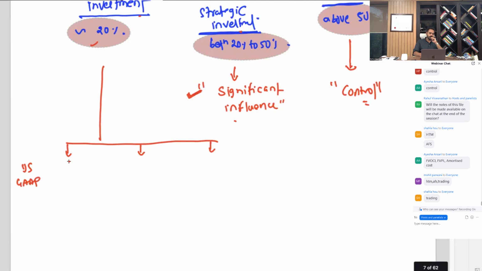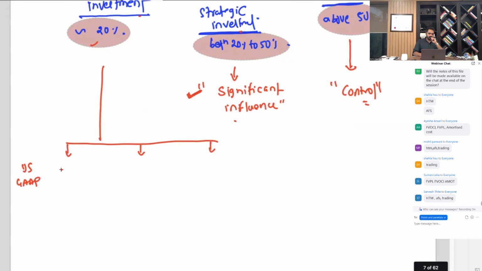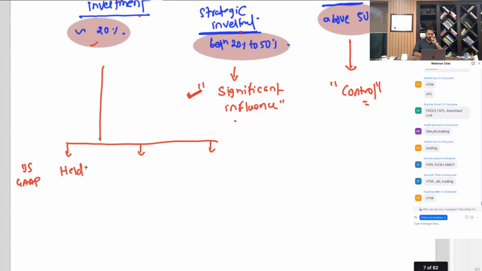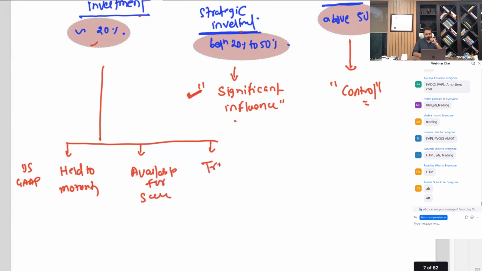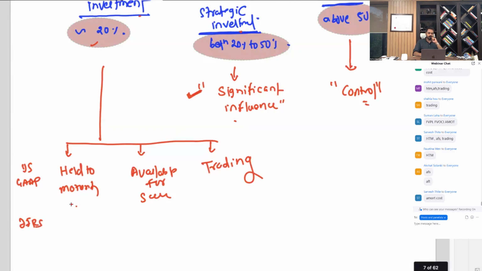Under US GAAP, the categories are HTM, held to maturity, available for sale, AFS, or trading. IFRS has a somewhat similar classification. Under IFRS, HTM is called amortized cost.